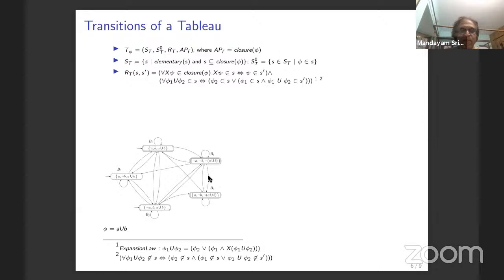Firstly, do you understand how the transitions are defined? For phi1 until phi2 and for X, that is easy to understand. You just follow these laws, that's all. Now look at the transitions, look at B3. There is a self loop there.